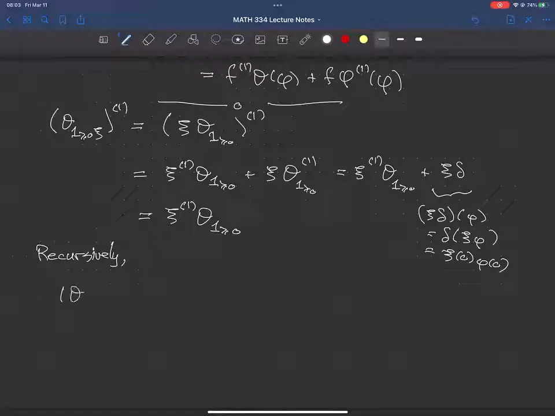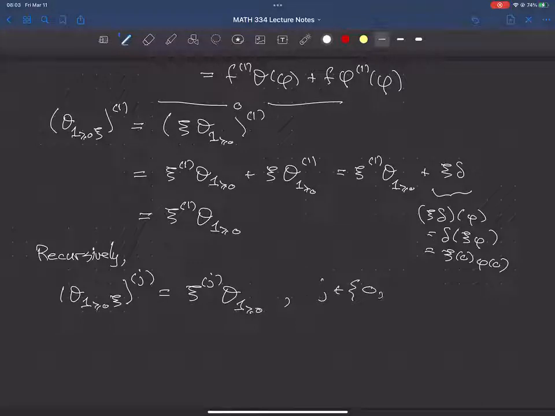So these are my proposed solutions: the J-th derivative is equal to C J theta of the step function, and this is true for J going from 0, 1 up to k minus 1.